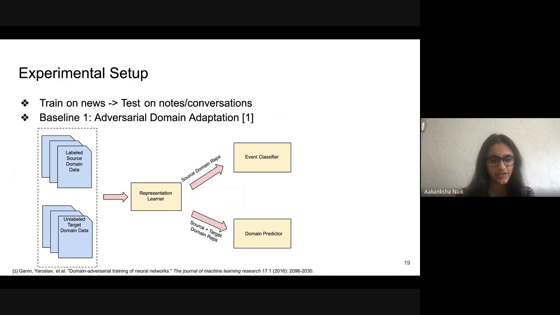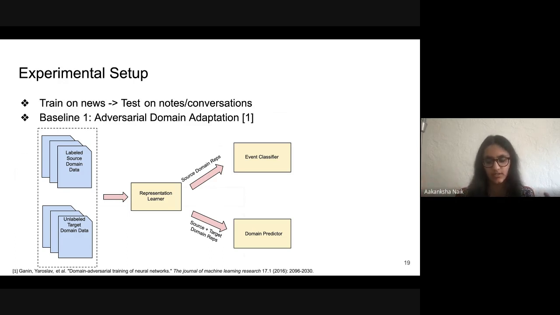Just a quick refresher for people who may be unfamiliar with this method: the adversarial domain adaptation framework consists of three different parts: the representation learner, the event classifier, and a domain predictor, which is the adversary in this scenario. The goal of this framework is to train the representation learner to learn representations that are good for the event classification task, but bad on the domain prediction task.